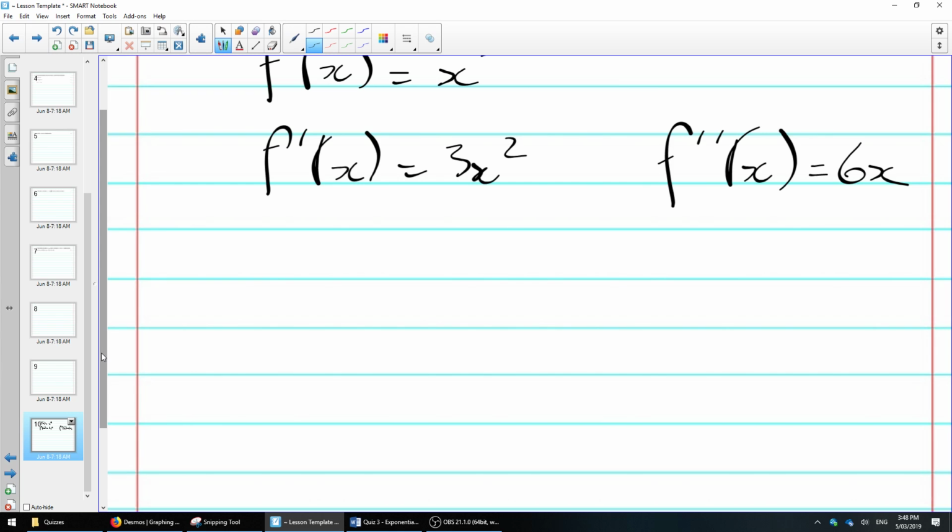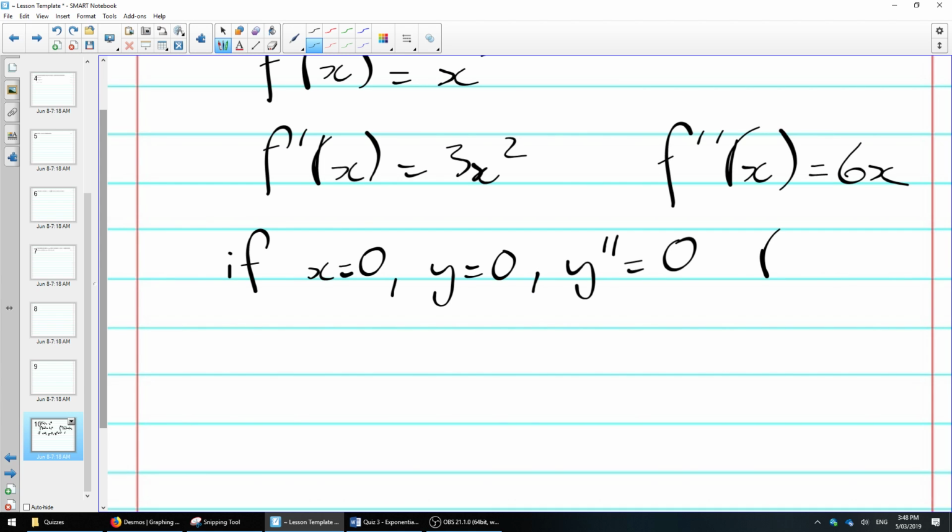So if x equals 0, we'll find that y equals 0. Just subbing in, 0 cubed is still 0. And y double dash, 6 times x, is 0. So therefore, 0, 0 is a point of horizontal inflection.